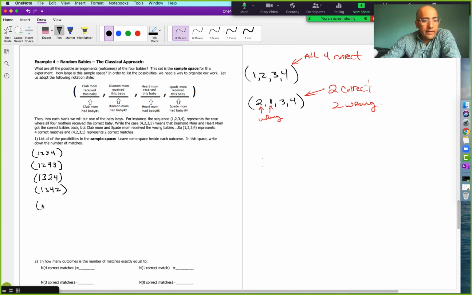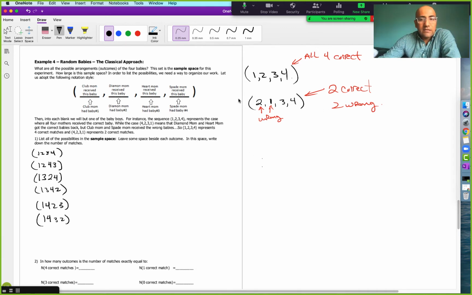So how about if I begin with 1 and 4? 1, 4, 2, 3. Or 1, 4, 3, and 2. Okay, so I've covered every possible way in which 1 goes to its correct house, right? I covered 1, 2, 1, 3, and 1, 4.